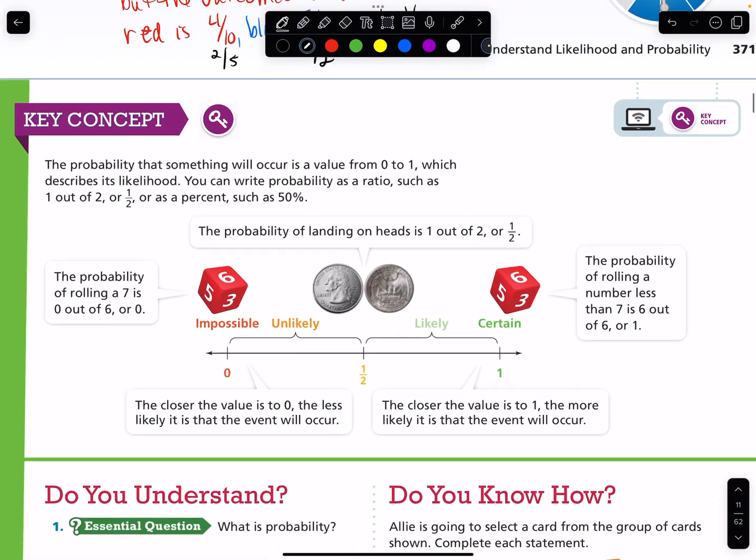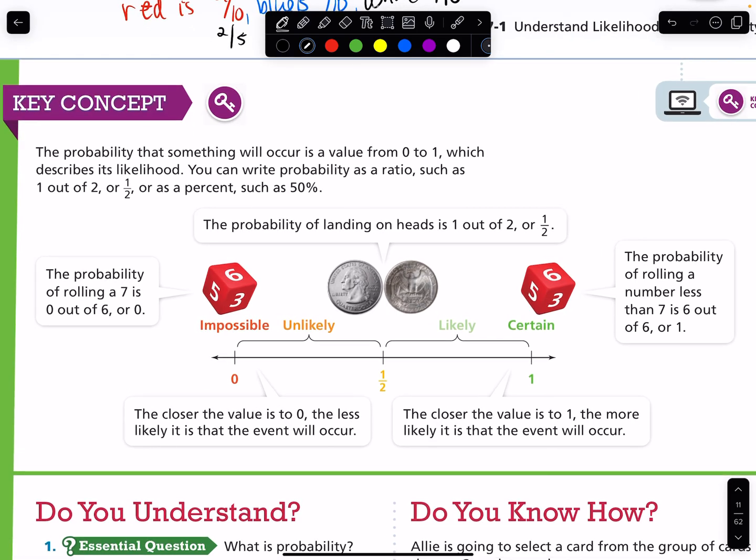So our key concept today should be pretty simple. The probability that something will occur is a value from 0 to 1. Okay, so that means it's going to be a decimal, obviously, which describes its likelihood. You can write a probability as a ratio, such as 1 out of 2, or 1/2, or as a percent. So you need to know that there are 3 different ways to write it.